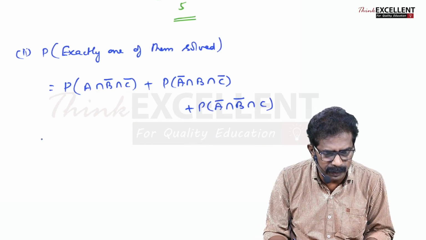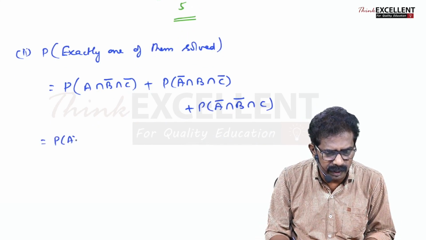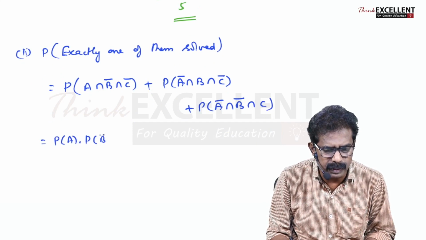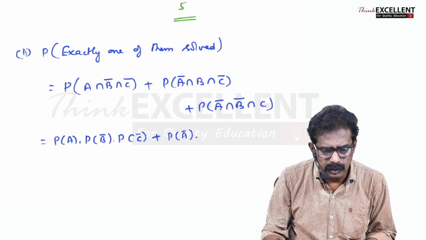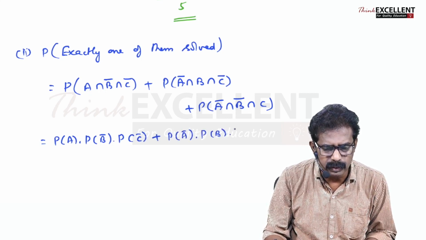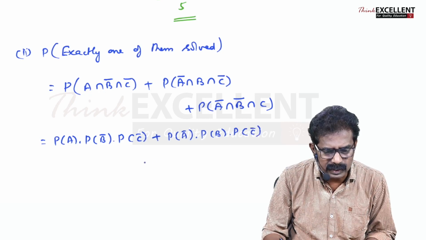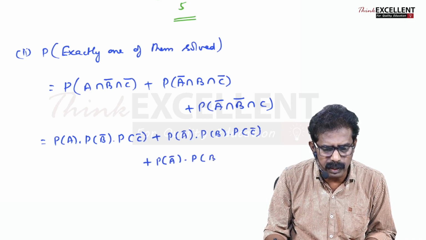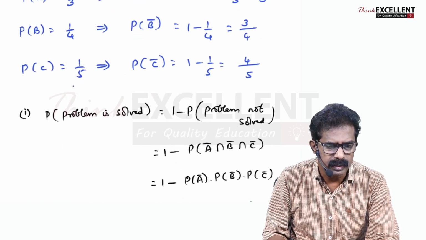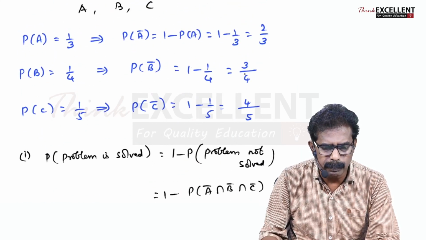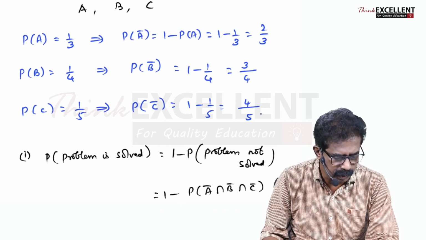Now since they are independent, you can write it as P of A into P of B bar into P of C bar for the first one. Second one, P of A bar into P of B into P of C bar. And the last one, P of A bar into P of B bar into P of C. All the values you know, just you have to substitute. P of A 1 by 3, B bar 3 by 4, C bar 4 by 5.